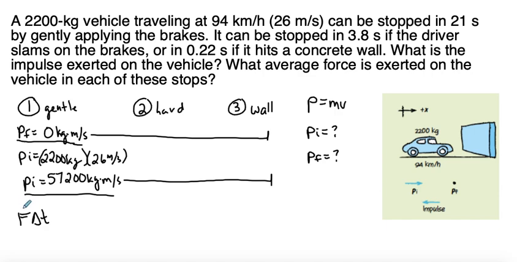Oftentimes impulse comes into play when you have vehicles crashing, vehicles stopping, or two objects crashing with each other. We want to figure out the average force exerted in that time.